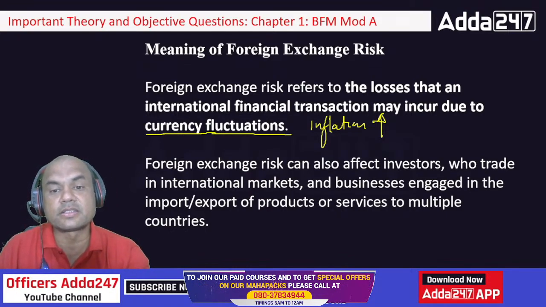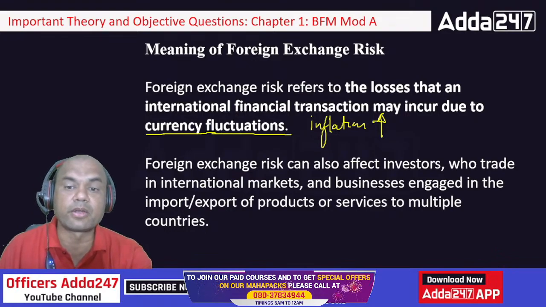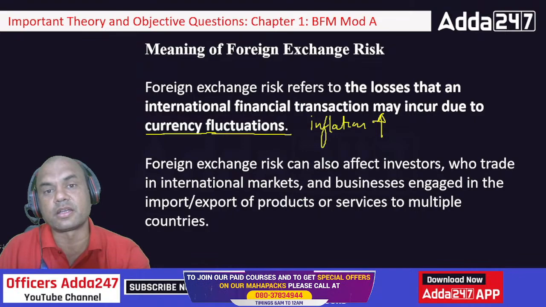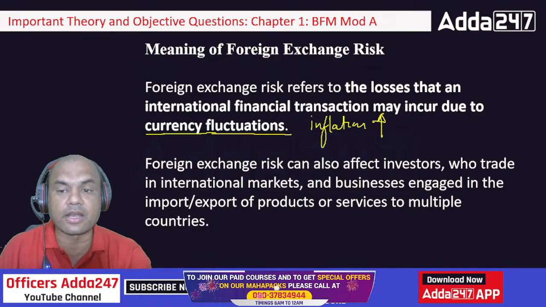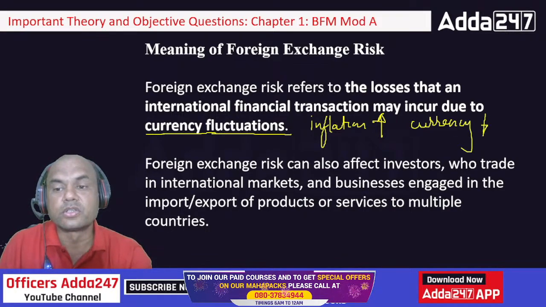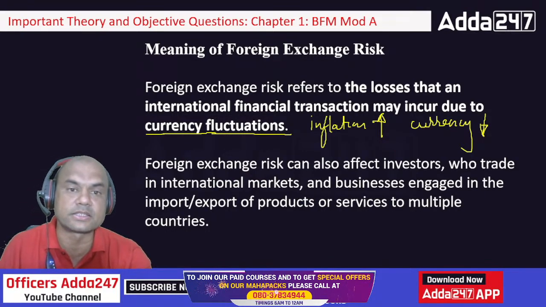The inflation is rising means RBI, or the central bank, will have to do something. The central bank will try to control this inflation rate. And whenever any inflation rate rises, the currency goes down. Currency always falls. So to counter this, what does the RBI do? RBI controls this inflation so that the currency again rises.